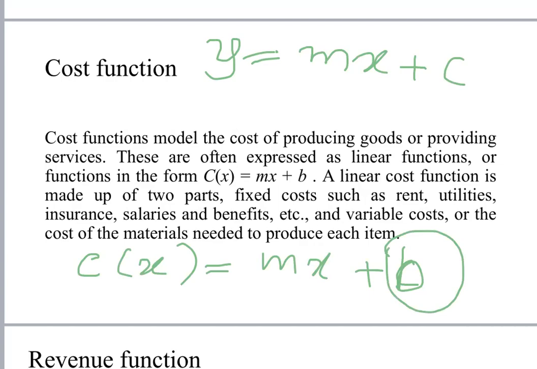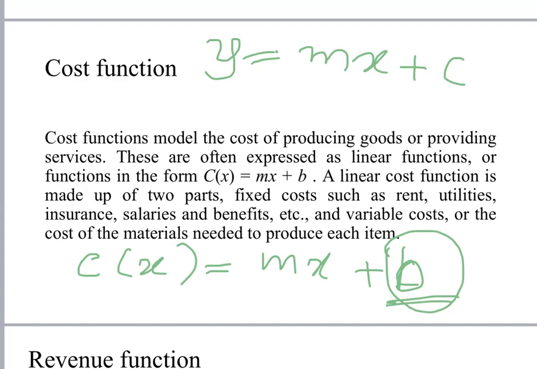When we apply this as the cost function, this part is the constant value. That means it should be the fixed cost, because we know our total cost consists of variable cost and fixed cost.